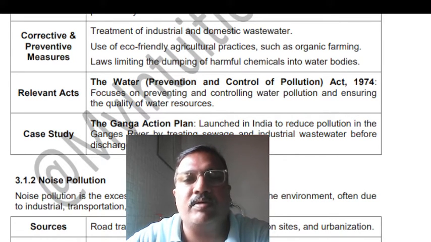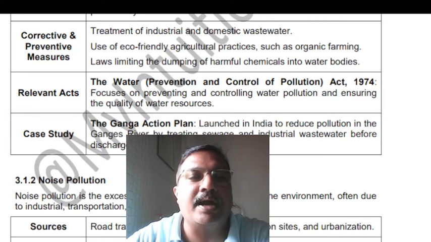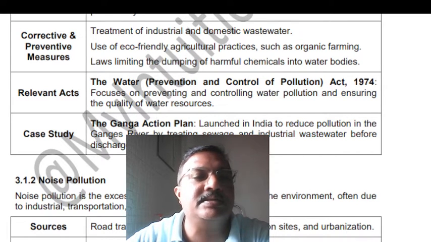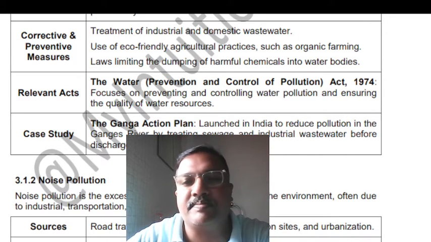This is an Indian law which focuses on preventing water pollution and maintaining the quality of water sources. It regulates industries and the municipalities to ensure water is not contaminated.